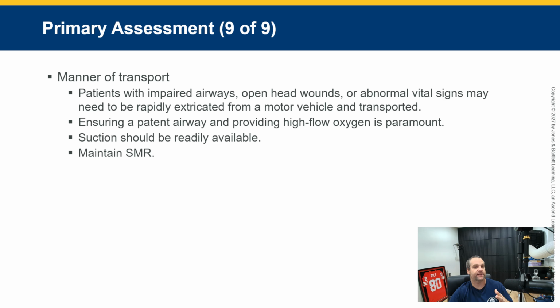There are times where you might have to decide, you know what, we need to do medical transport. But again, that's only when there is a meaningful reason, right? So that shortened transport time from helicopter versus ground is going to make a significant impact on that patient's care and well-being.